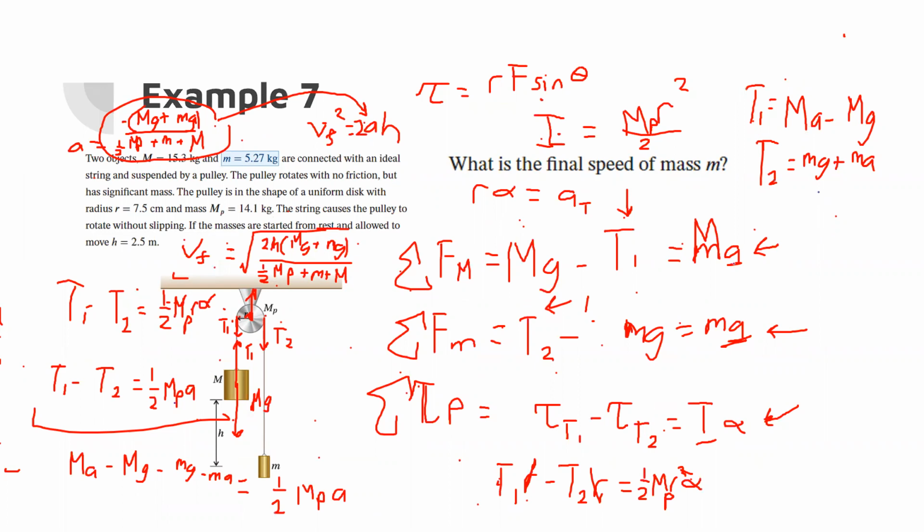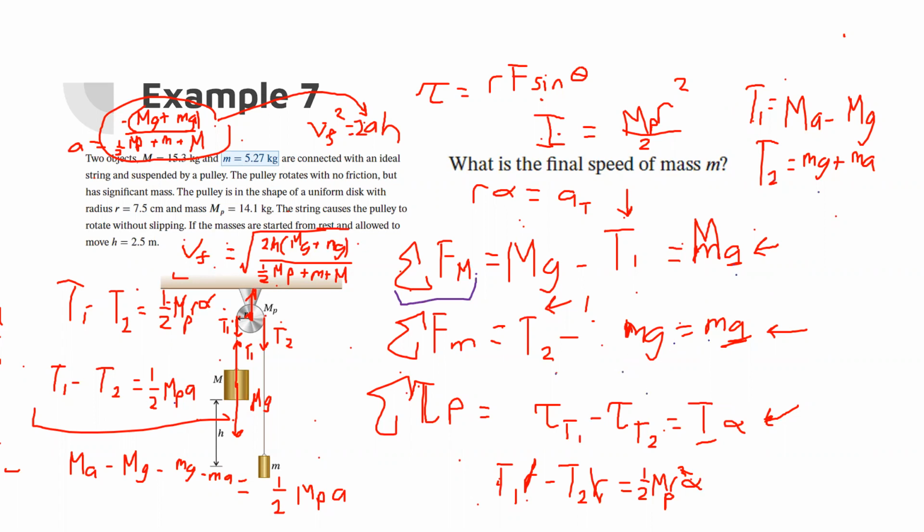MA is right here. Force on M is mg minus T1. So this would be capital MA minus mg. And that would be negative tension 2 minus mg.